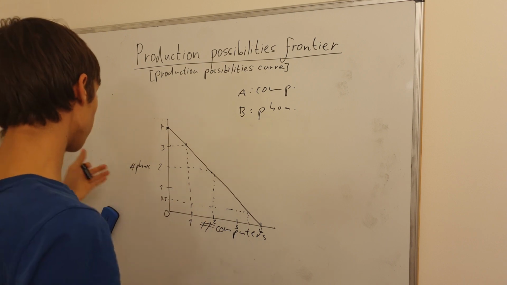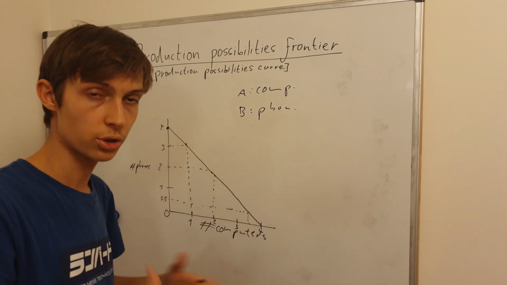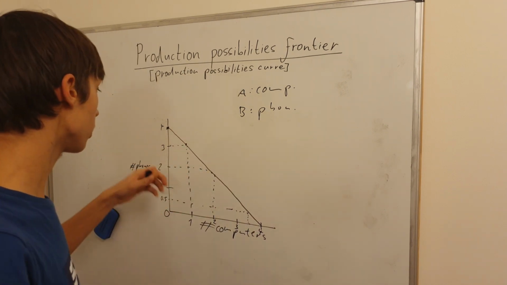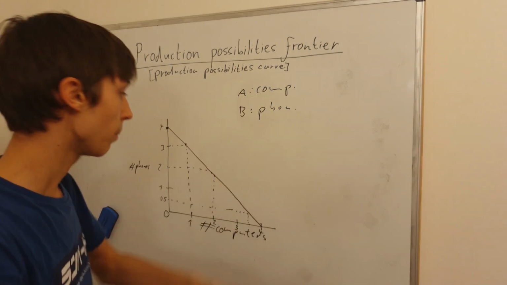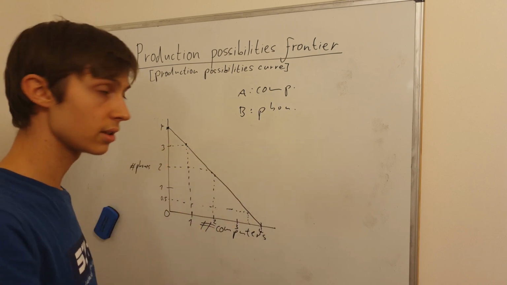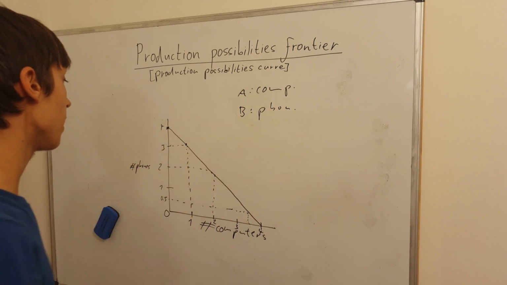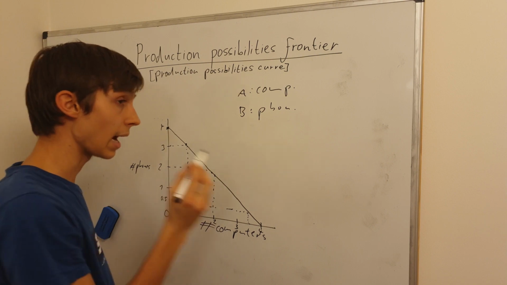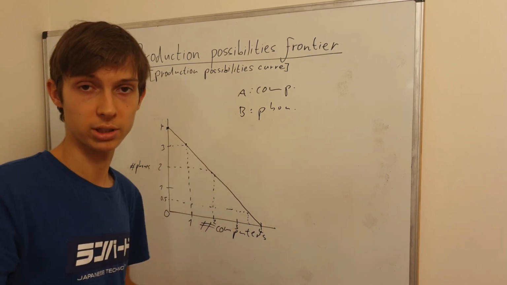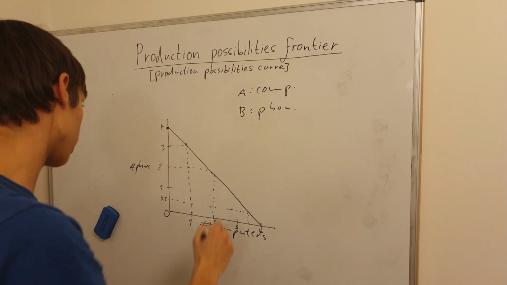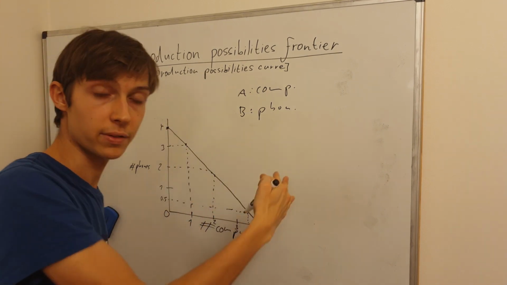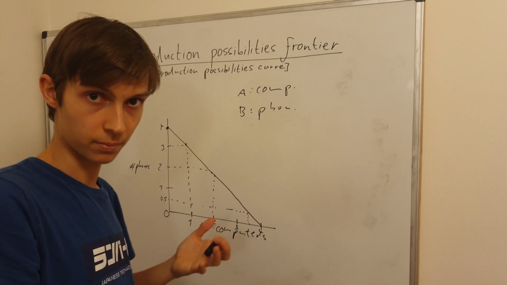Now it depends on how many computers and phones, what combination you choose to do. You're using all your resources, but you want to create more phones, or you want to prioritize computers, right? That's the question that this entire graph is about. But if you want to realize some points outside the curve, that's not possible. You can never go outside the curve, unless the curve shifts, and then you are again inside the curve.